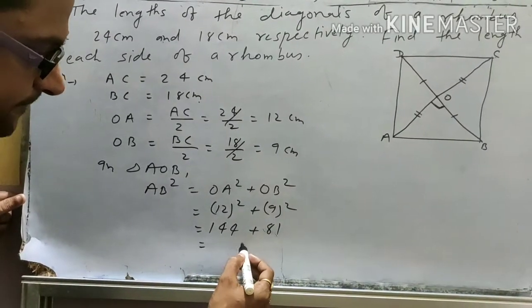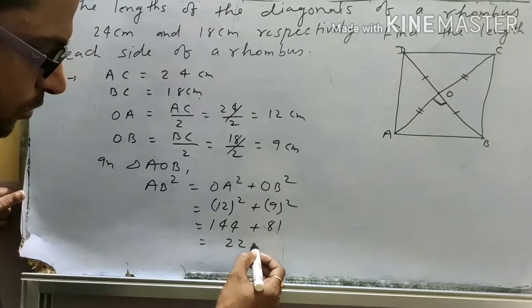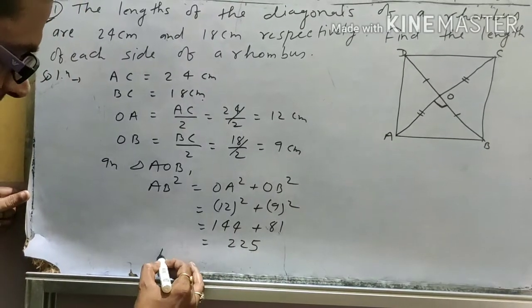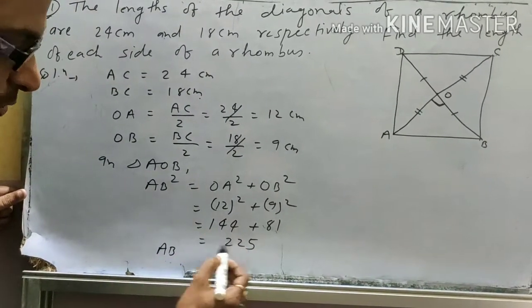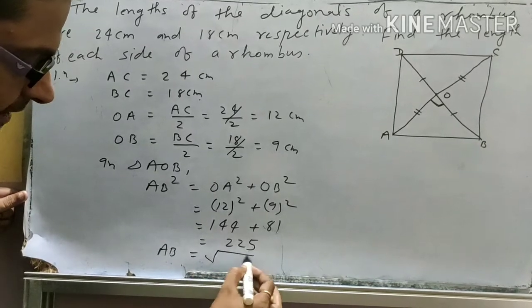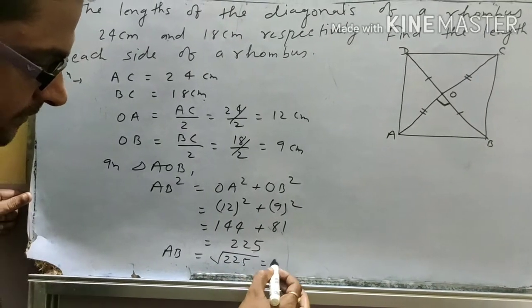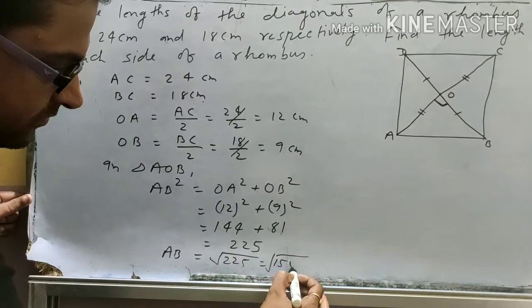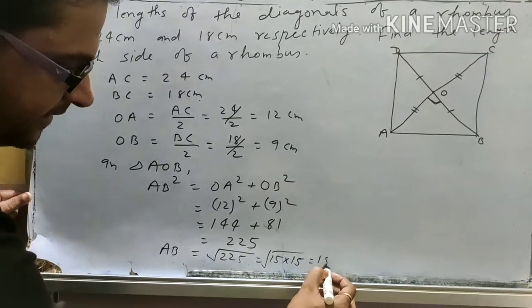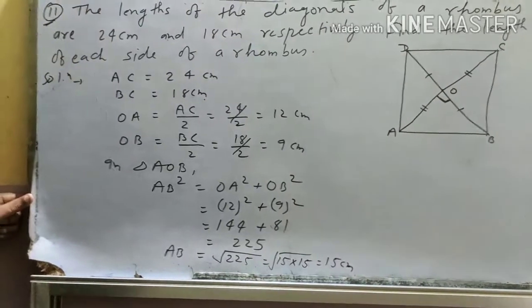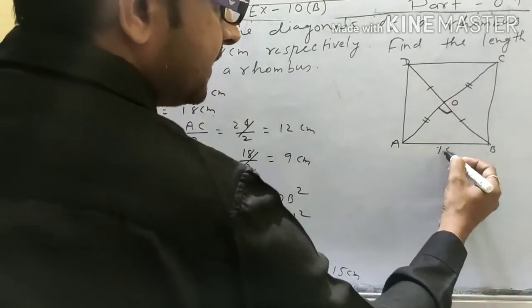So the value is 225. AB square is equal to 225. So AB is equal to under root 225. This is 15 into 15. So the final value is 15 centimeter. This side is 15 centimeter.